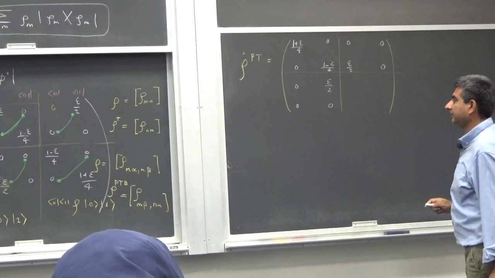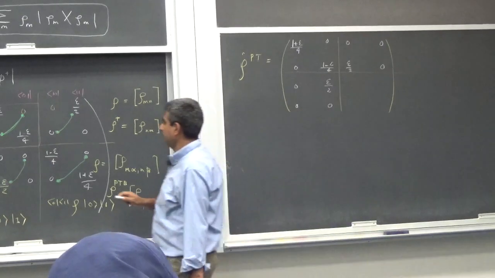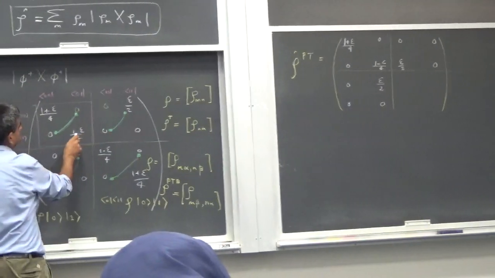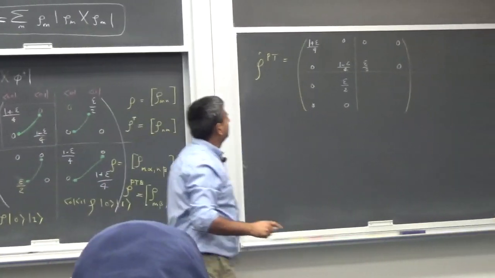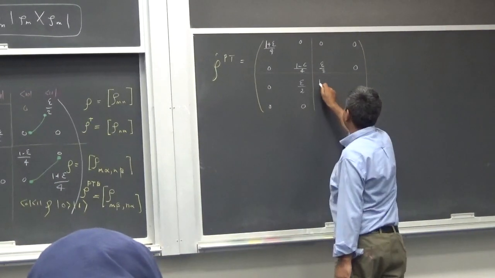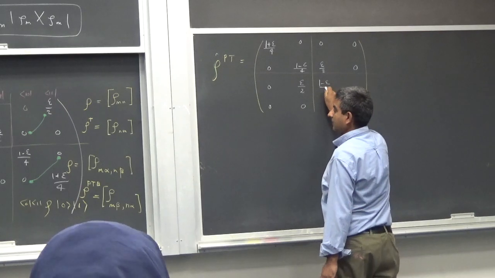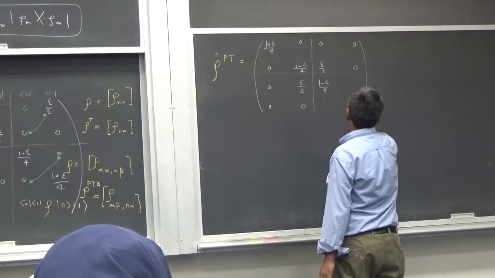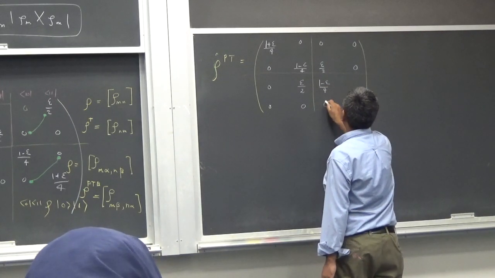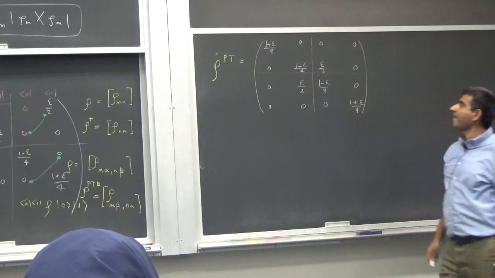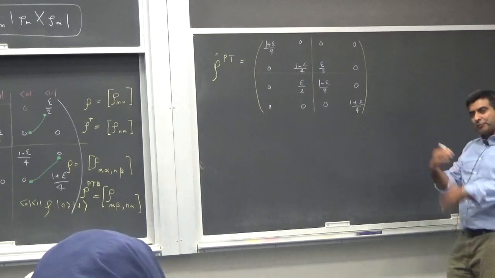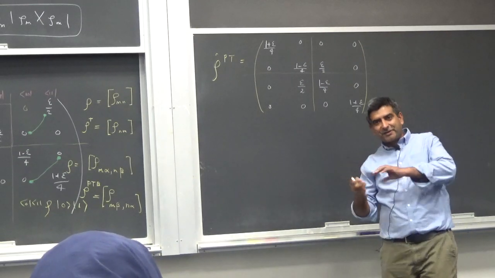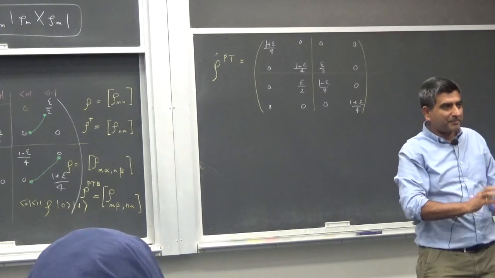And then, is this a plus here, right? 1 minus, 1 minus, right? Then I have 1 minus epsilon over 4, 1 plus epsilon over 4. So this new matrix is formed by taking the partial transpose of one of the sub-matrices.